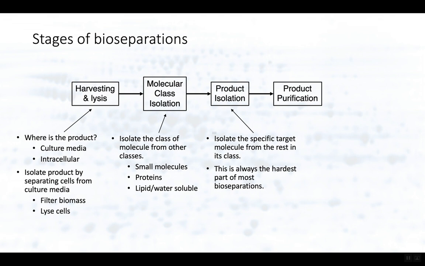So how do we develop a separation process that will pull the needle out of the remaining similar hay? Think of it like we're looking for a silver needle and we have lots of bronze needles and iron needles around. How do we separate the silver needle from all those others? They all look like needles. So that's product isolation.